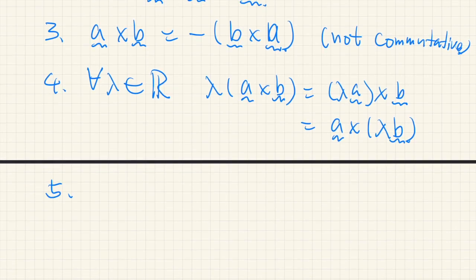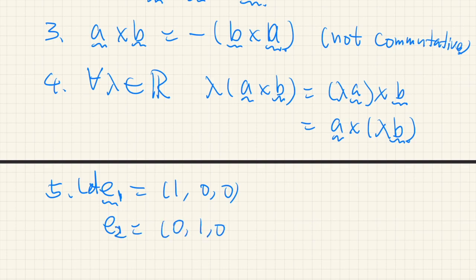And 5, let's define unit vectors: let E1 be 1, 0, 0, E2 be 0, 1, 0, and E3 be 0, 0, 1.